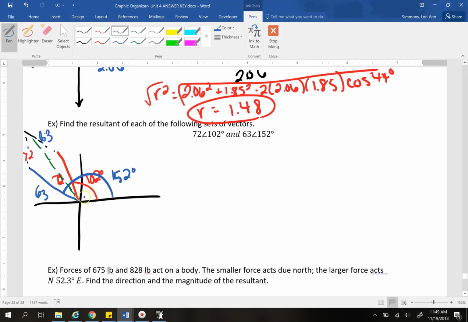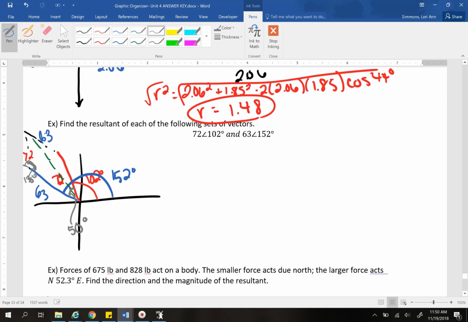All right, what is this angle going to be? This angle right here is 152 minus 102, so that's 50 degrees. So if we draw a straight line, this angle would be 50 degrees. So the remaining is 180 minus 50 degrees, which is 130 degrees.